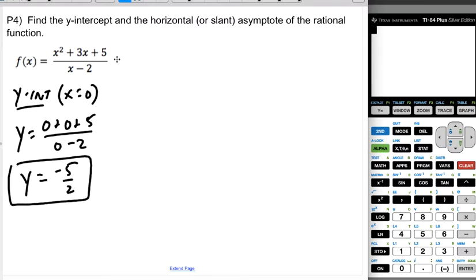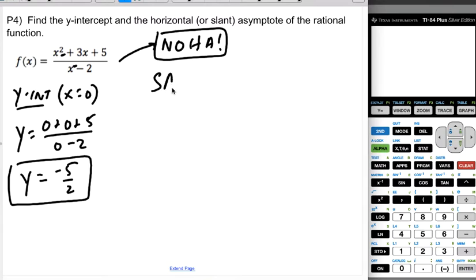Now, when I go to do the horizontal asymptote, I should notice pretty quickly that there is no horizontal asymptote, because the numerator degree is higher than the denominator degree. When I go to find the slant asymptote, this time you could use synthetic division because this is a linear divisor. It would arguably be a lot faster.